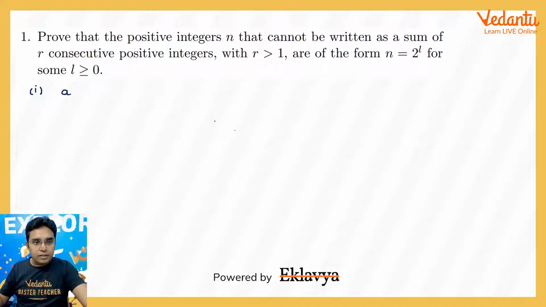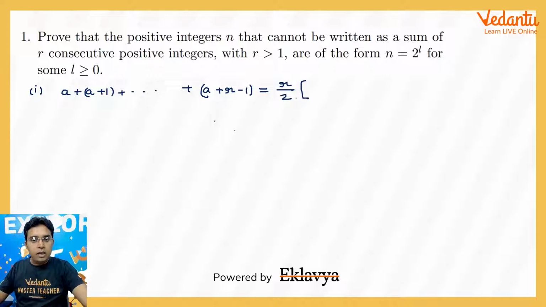Let us say my first integer is a, my second integer is a plus 1, and so on, and then we get a plus r minus 1, the last, rth integer. By using the sum of n terms of an AP, it will be r by 2, because the total number of terms is r, into first term plus last term, so it will be 2a plus r minus 1.